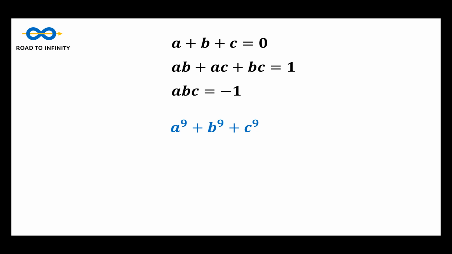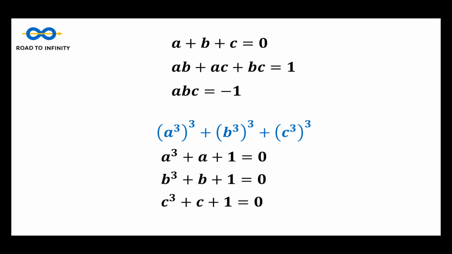Going back to the problem, we will try to represent the expression a to the 9 plus b to the 9 plus c to the 9 in terms of the sum of a, b and c, the sum of ab, bc, and ca and abc. We see that the given equation has degree 3, so we transform the expression into the sum of powers of 3.